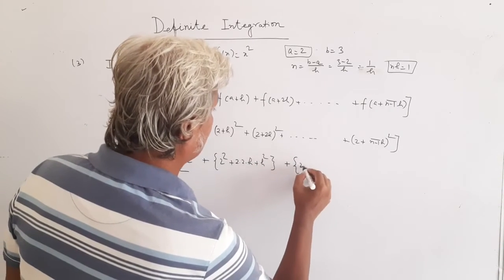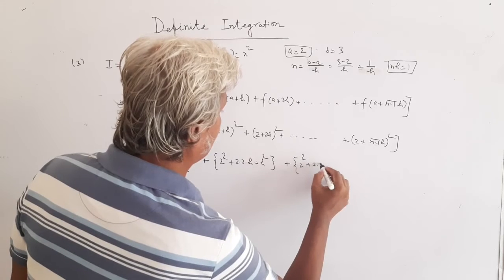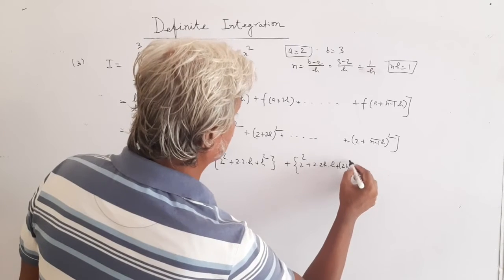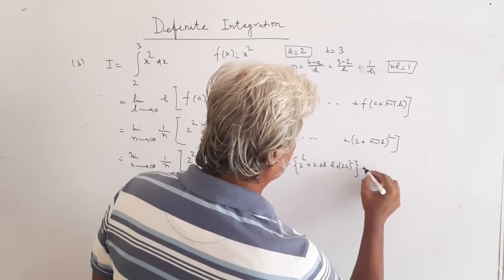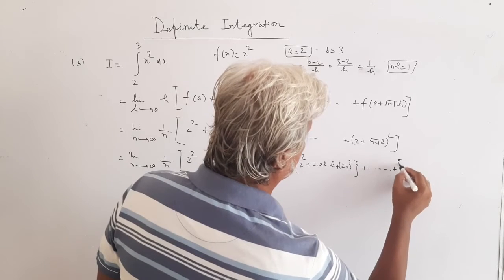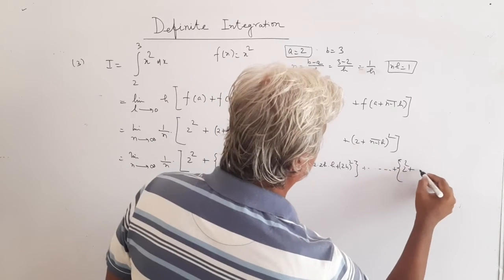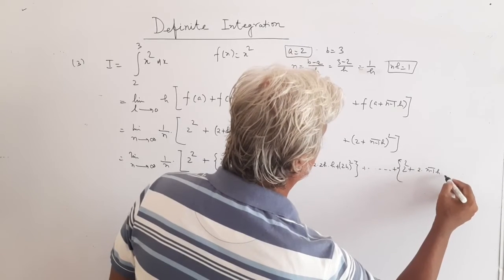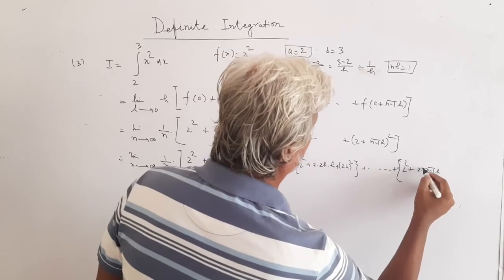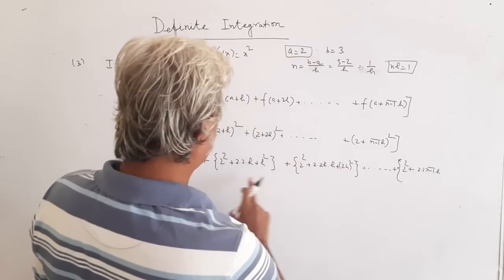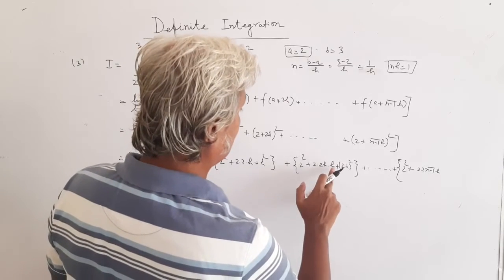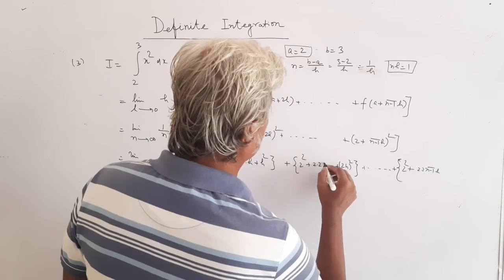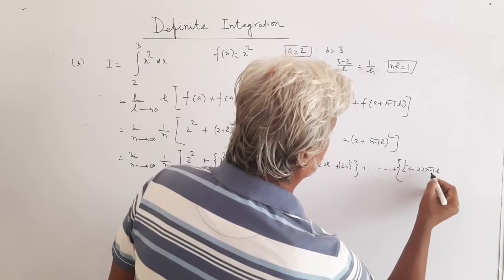Then second one, 2 square plus 2 into 2 into 2h plus 2h square, plus final ones, 2 square plus 2 into 2 into (n minus 1)h plus (n minus 1) square h square. The earlier one was wrong, this is 2 into 2 into 2h, and this is 2 into 2 into (n minus 1)h.